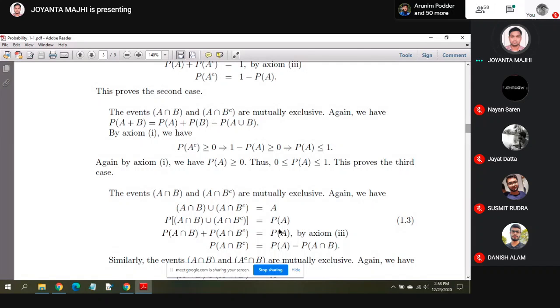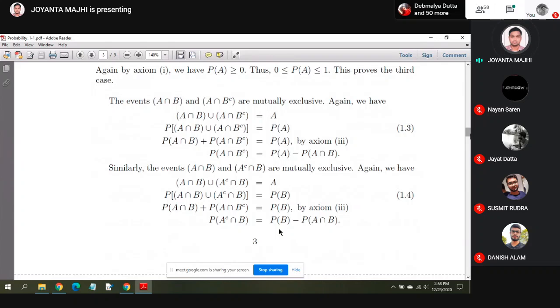And A intersection B union A intersection B complement is equal to A. As they are mutually exclusive, by axiom 3 we can write that probability of A intersection B union A intersection B complement equals probability of this plus probability of this. This implies that probability of A intersection B complement is equal to probability of A minus probability of A intersection B.